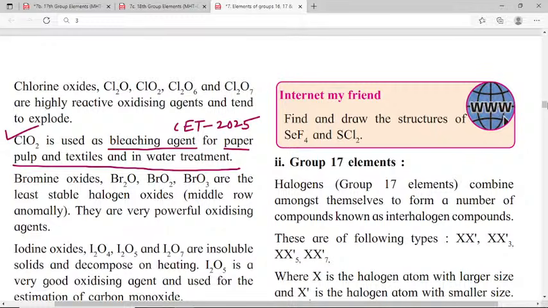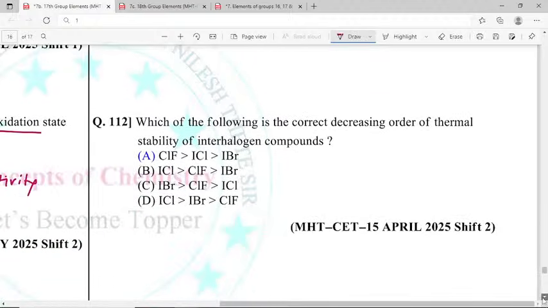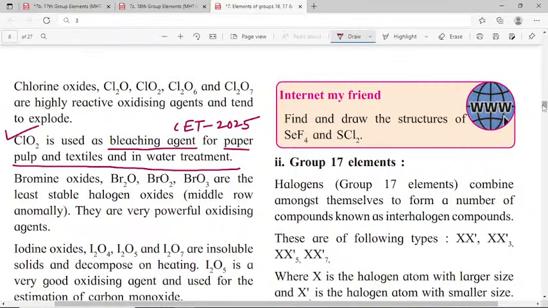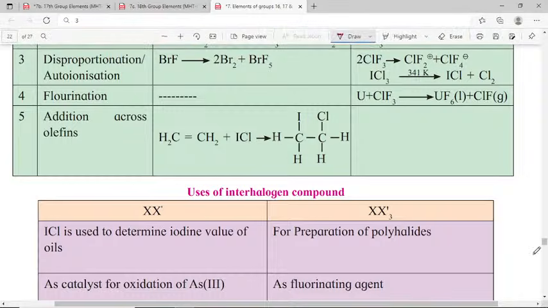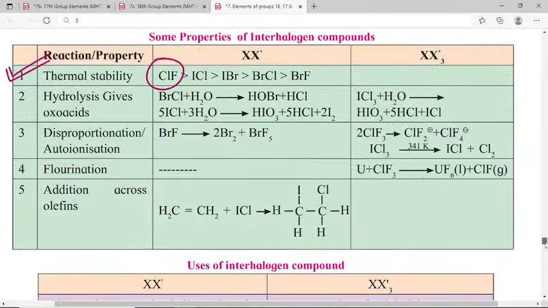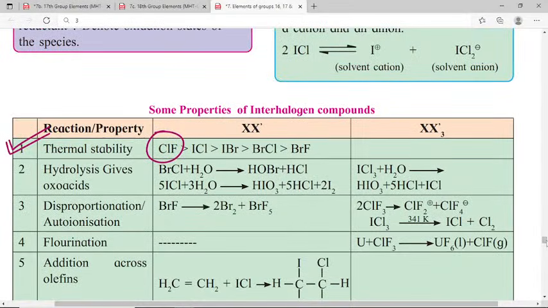Are you getting this one? Which of the following is the correct decreasing order of thermostability? Same type of question, asked in 2024 and many times. It is in the table and also in the exercise.